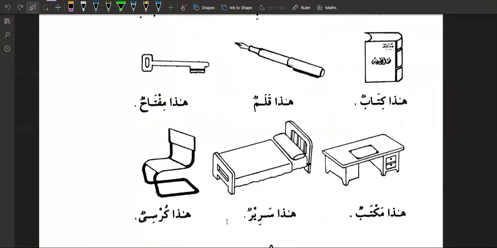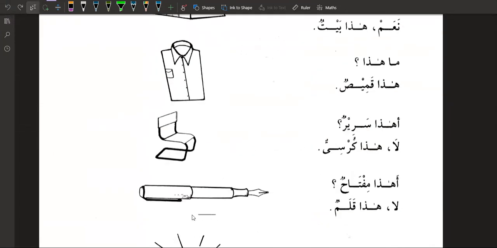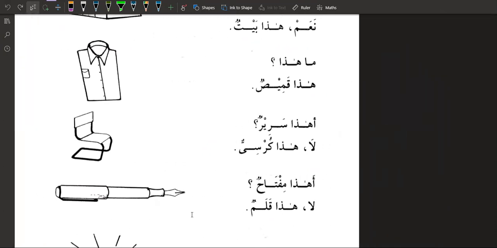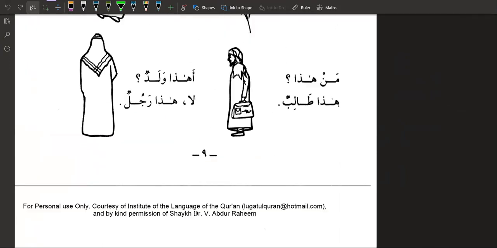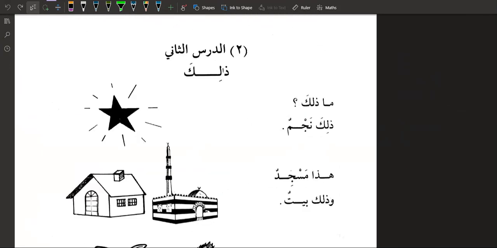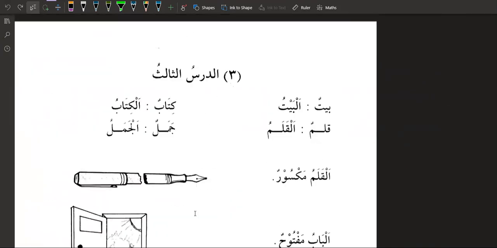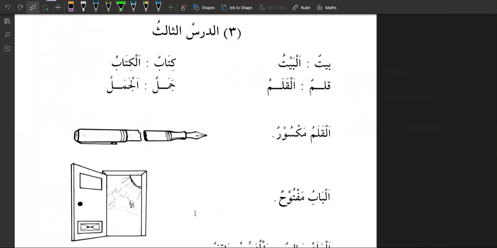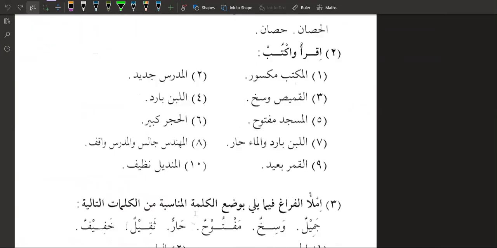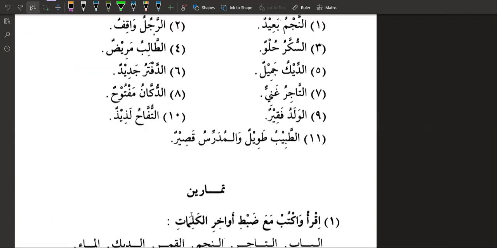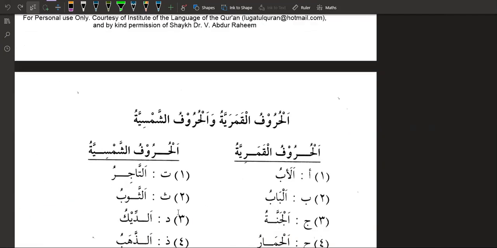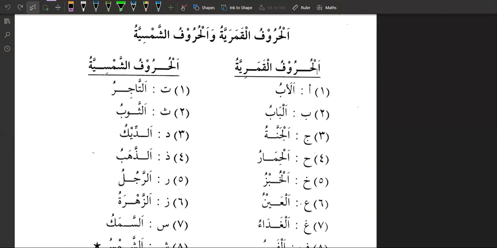So if we go back to the book. And obviously we studied al-huruf al-shamsiyya wal-huruf al-qamariyya.